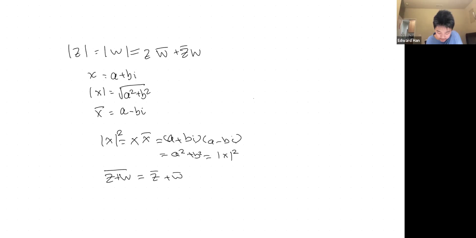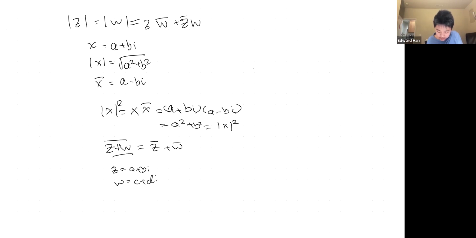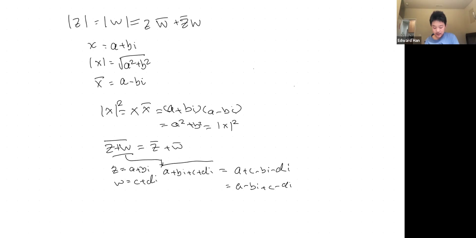If you have z equals a plus bi and w equals c plus di, then z plus w is a plus bi plus c plus di, and the conjugate of that is a plus c minus bi minus di, which is equal to a minus bi plus c minus di, and that is the conjugate of z plus the conjugate of w.